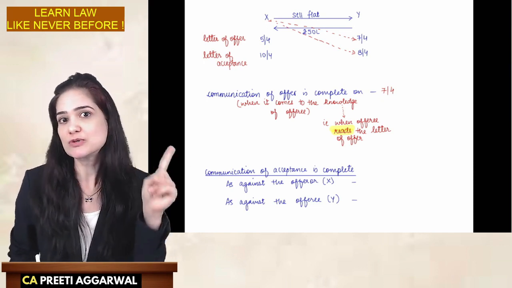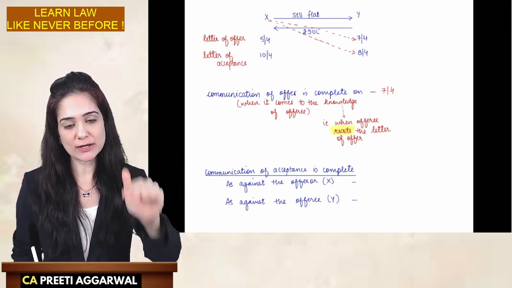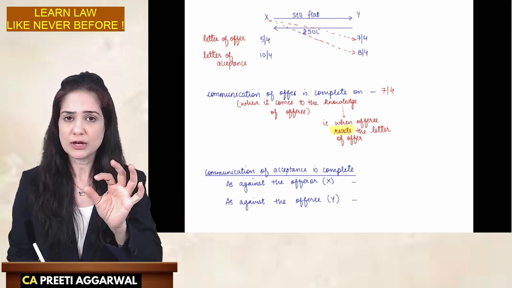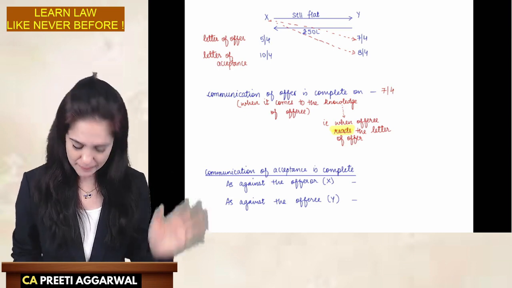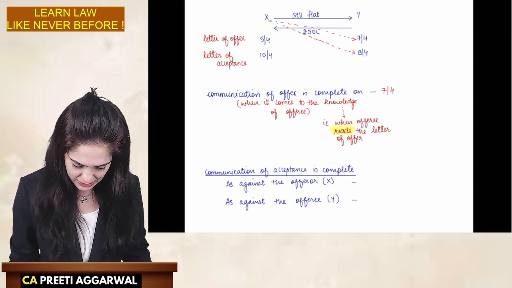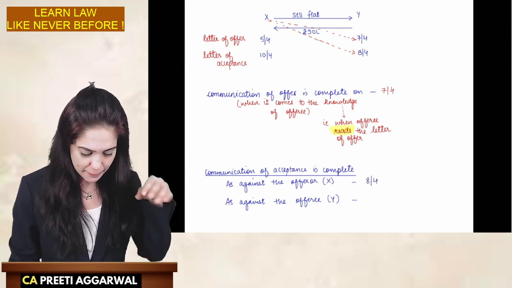Don't give that offer to someone else now. You are now bound by the contract. Your letter of acceptance is posted. Just wait for 2 days to reach it. In 2 days, it will reach you. But for you, the offer is accepted. So in this case, as against the offerer, the acceptance is complete on 8th of April. That is when Y posts the letter.